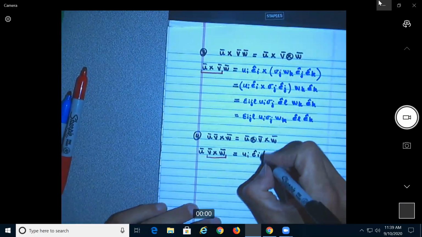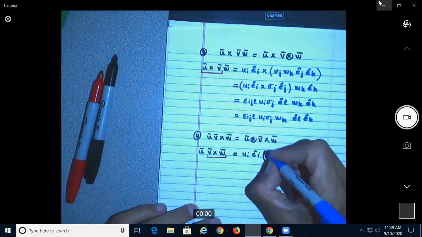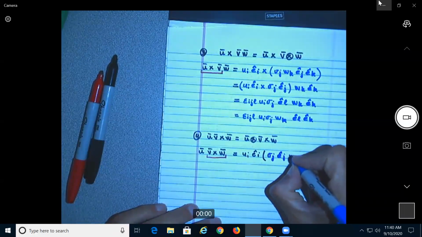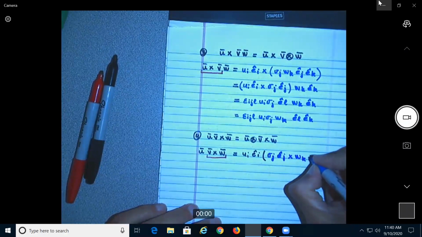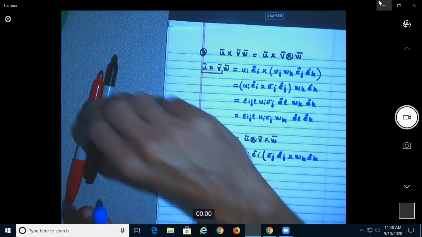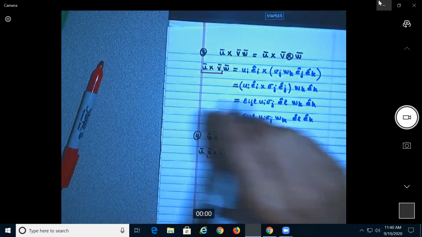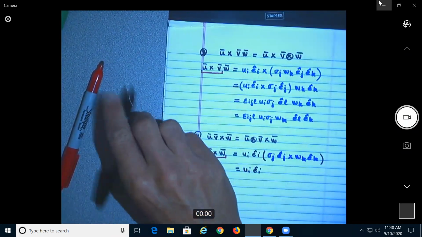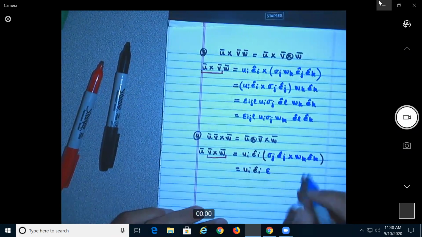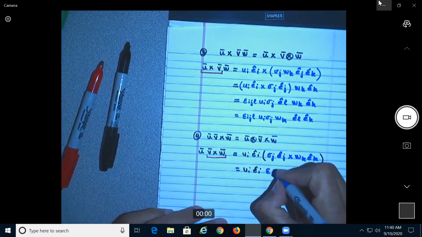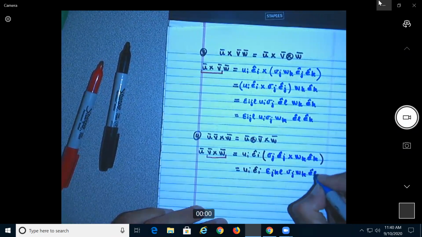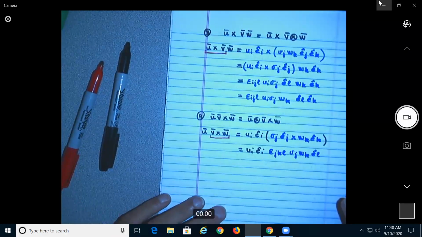And now we need to do the cross product of this one, which is Vj, Ej, cross Wk, Ek, which basically is going to give you U sub I, Ei. Epsilon of what? We use J and K, so it would be J, K. We need to use the new one, L, of Vj, Wk, E of L. All right?